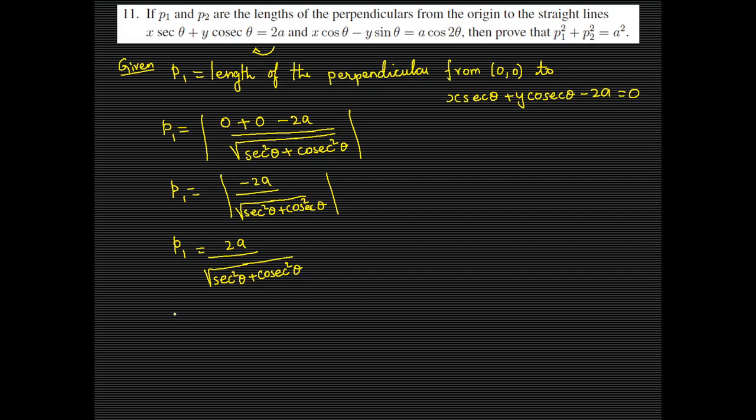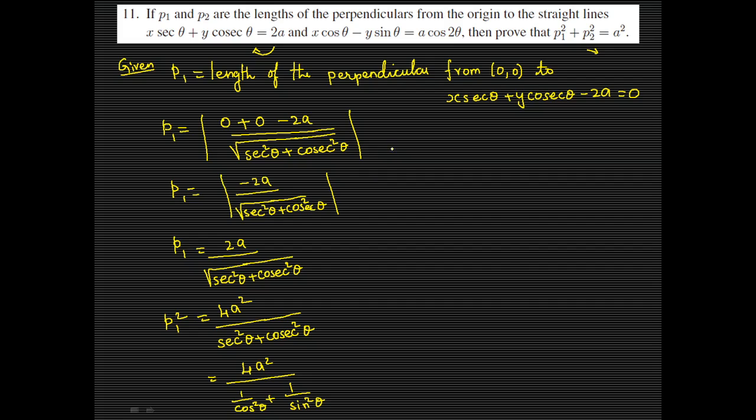Okay, so now we need to find P1 square. So P1 square is equal to 4a square divided by secant square theta plus cosecant square theta, since the square root and square get cancelled. That is equal to 4a square divided by secant square theta, which is 1 by cos square theta, plus cosecant square theta, which is 1 by sin square theta.